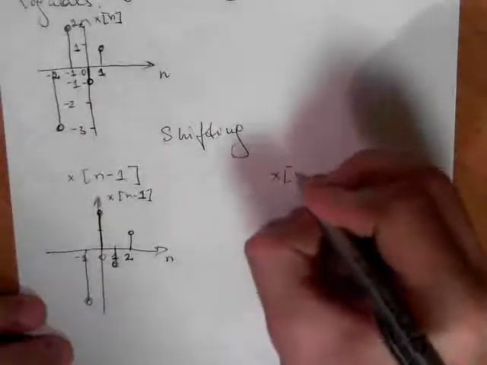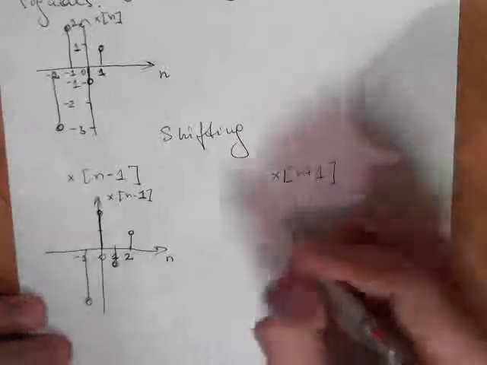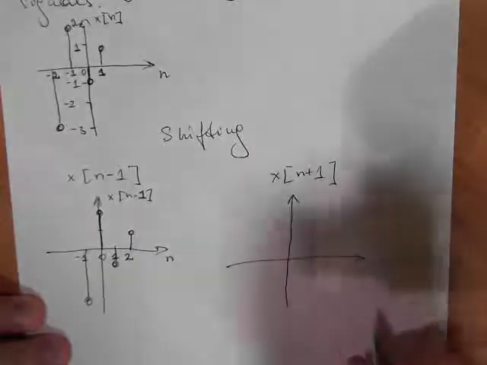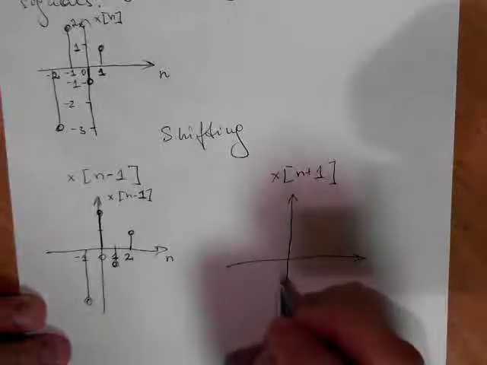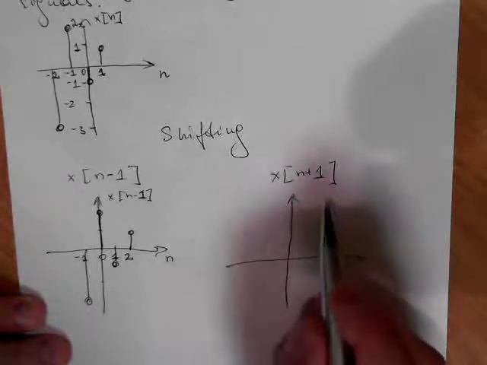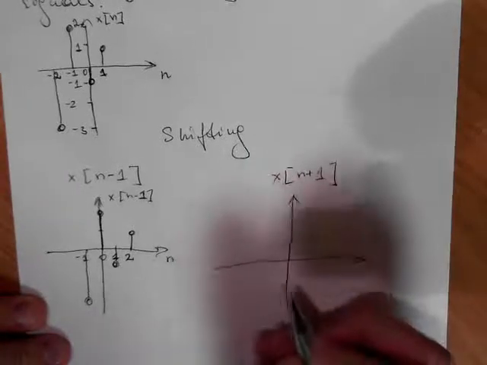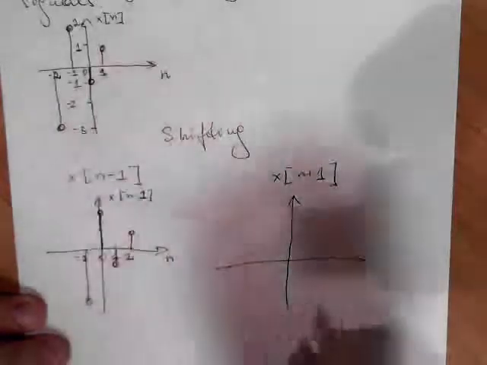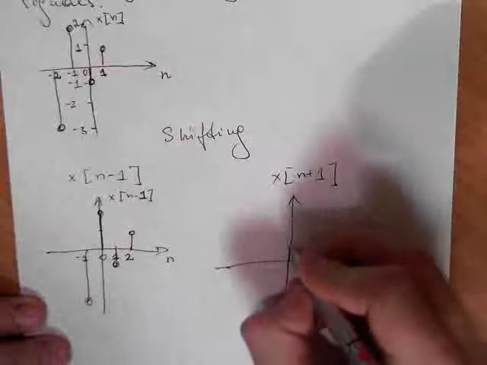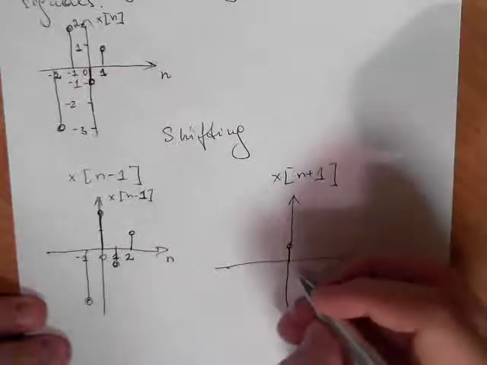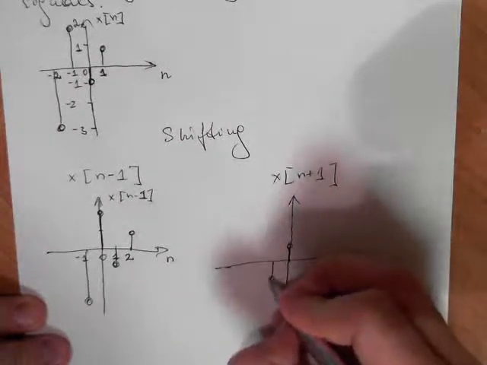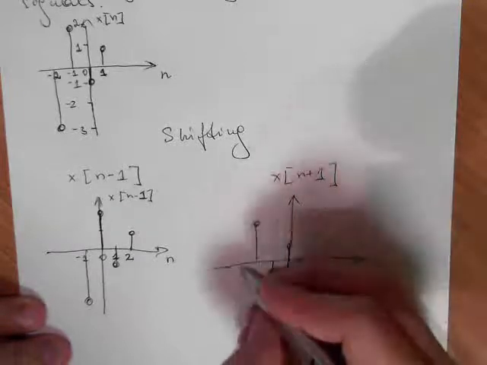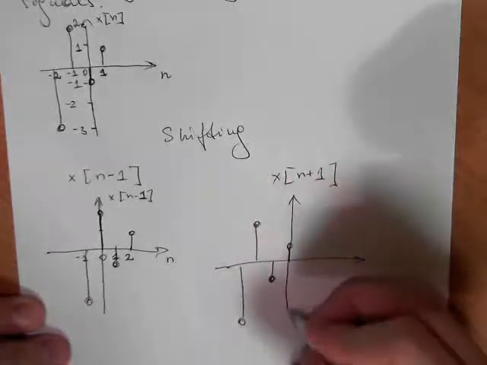Now we can write x n plus 1. So again we need to draw the axis. Now it shifts to the left. So what was on 1 is now on 0, this is on -1, and this -3.